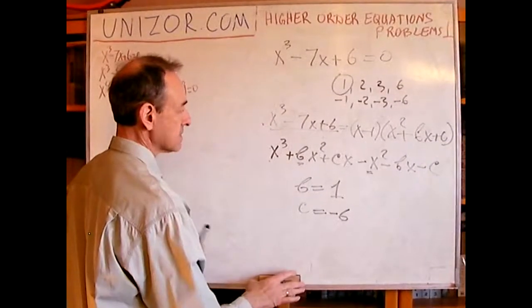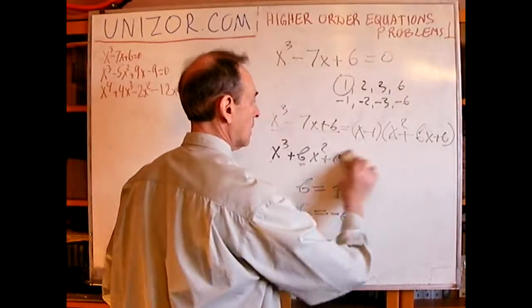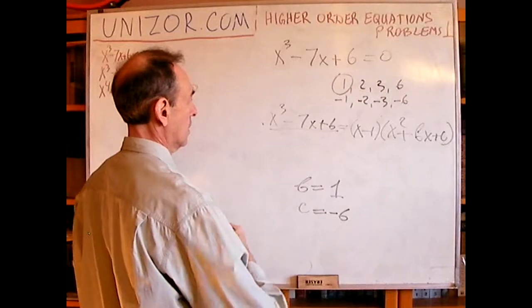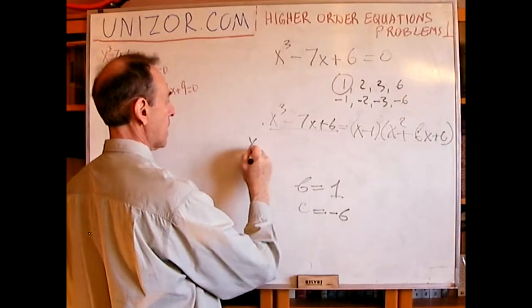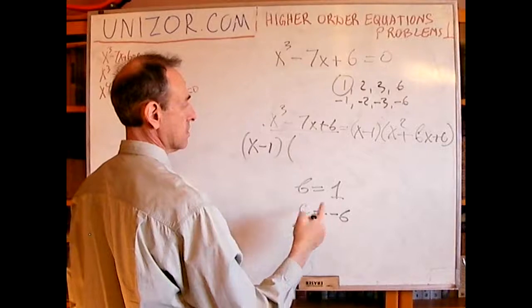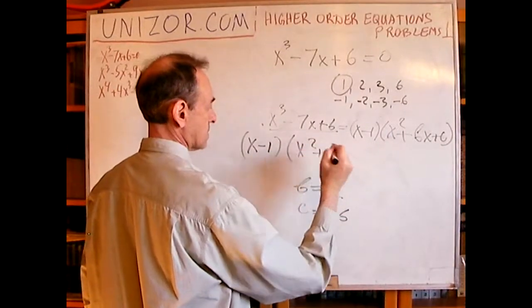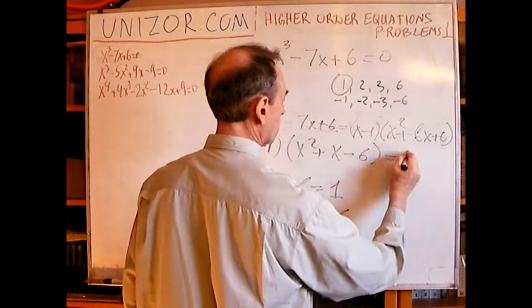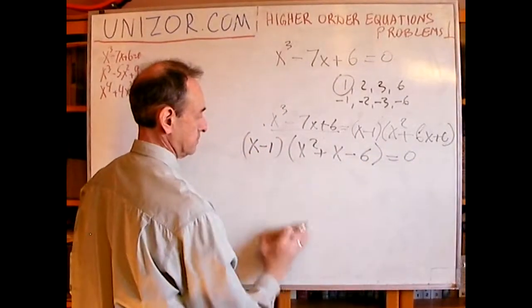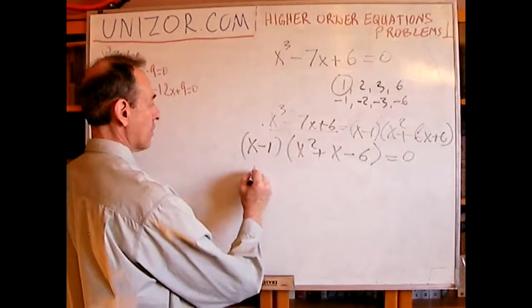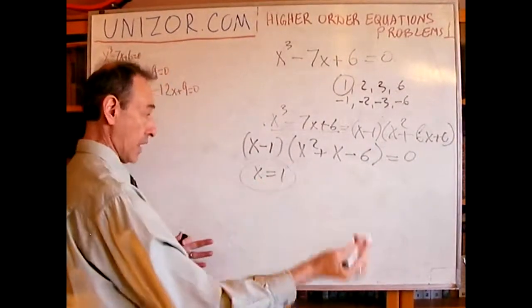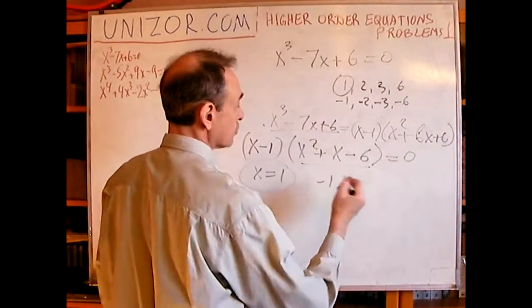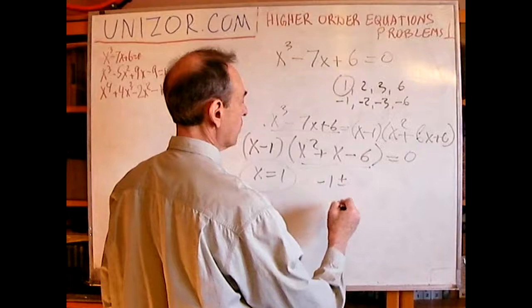So right now I can say that my original equation can be replaced with x minus 1 times x squared plus x minus 6 equals 0. So obviously the first solution is this, which we have already found, and the second solution is this, where we can actually use the formula if we don't want to guess.